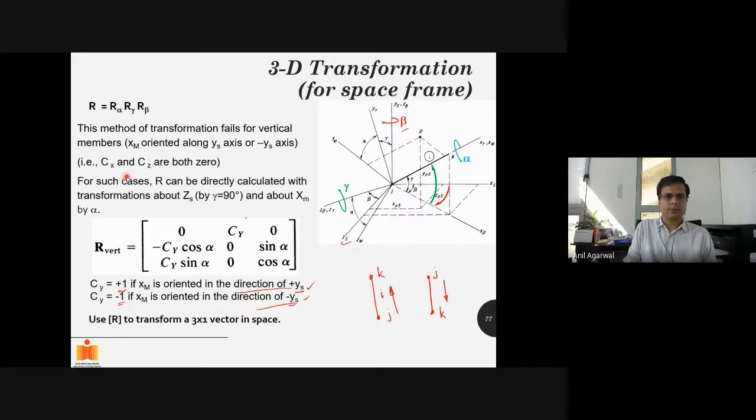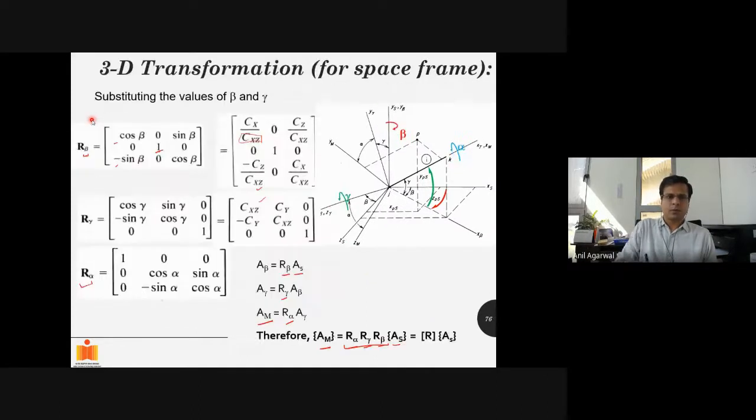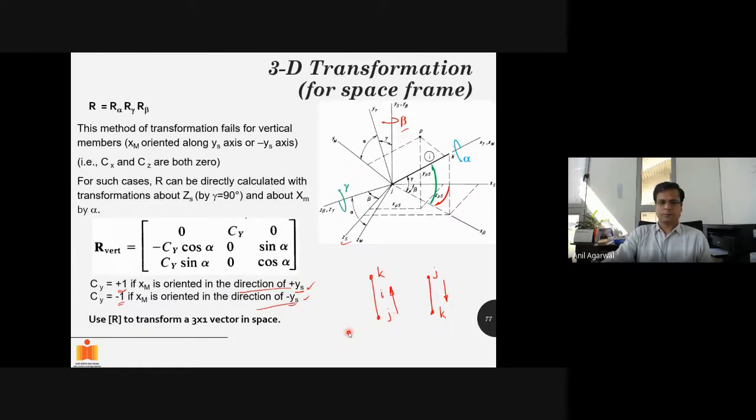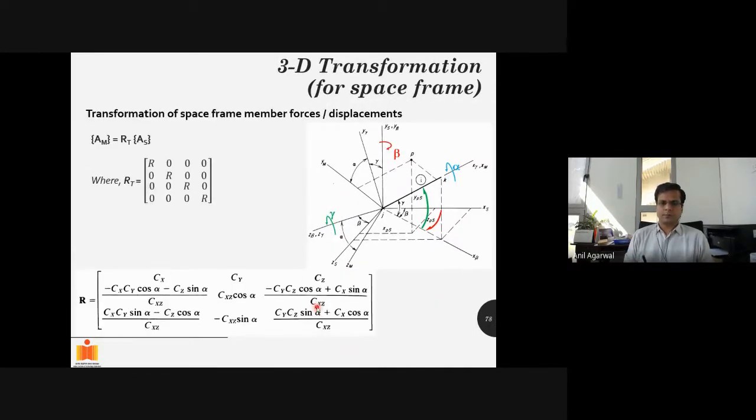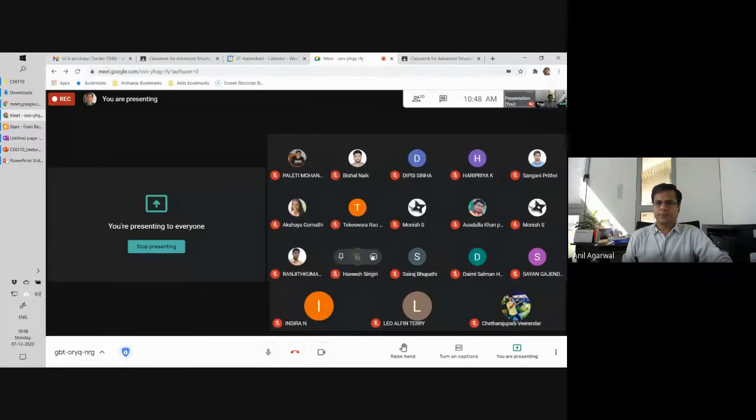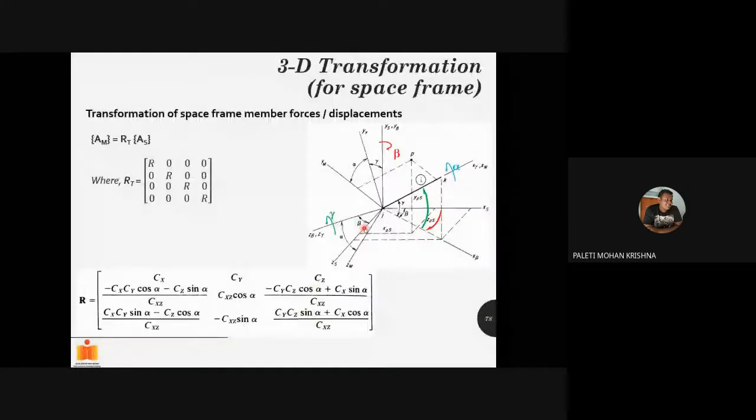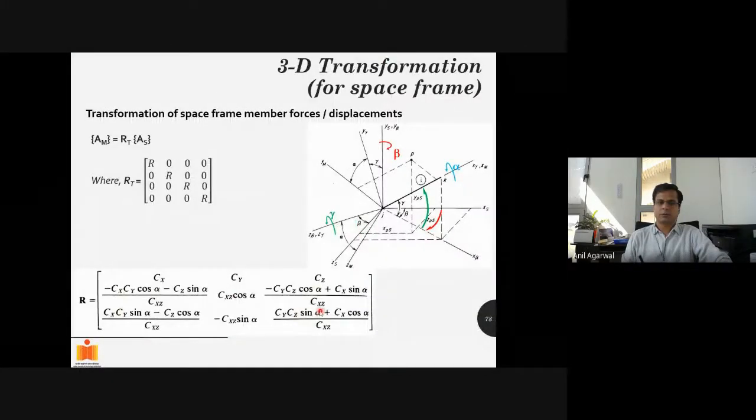Here, if you see, this R can be used to transform a vector of what size? Again, 12 by 12, sir. No, this R cannot. This RT can be.